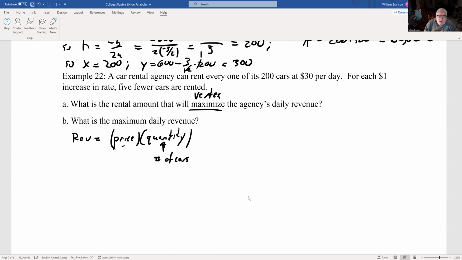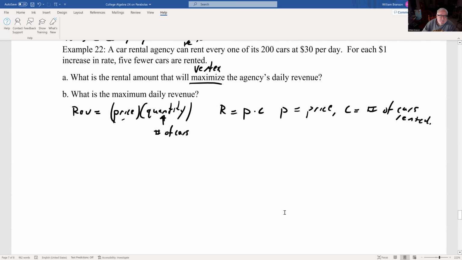So we'll use letters R equals P times C. P is price, C is number of cars rented. So what do they tell us about this? Every dollar increase in rate, they rent 5 fewer cars.